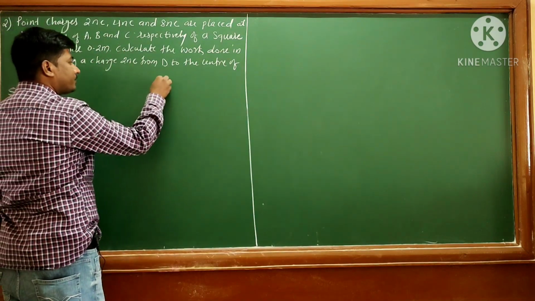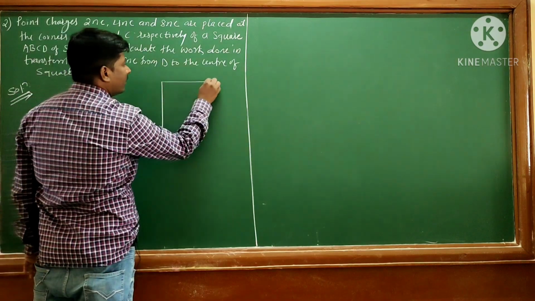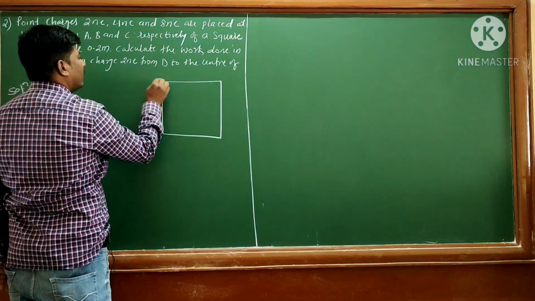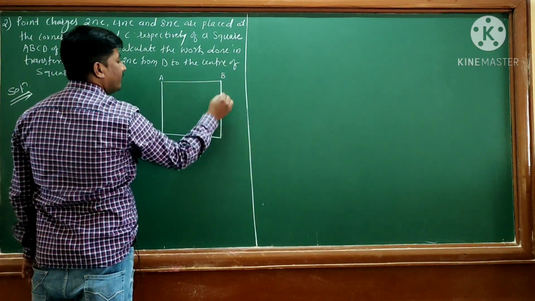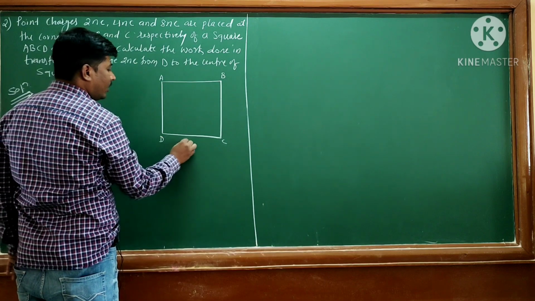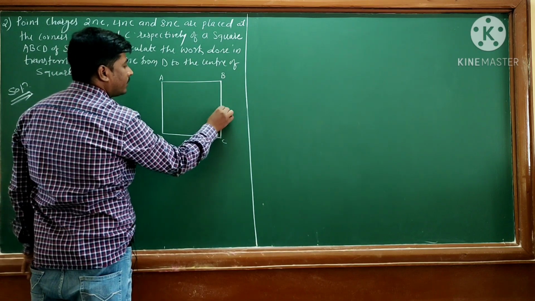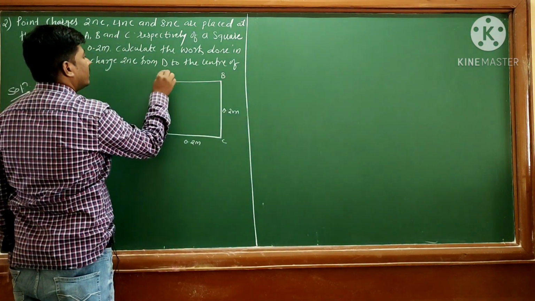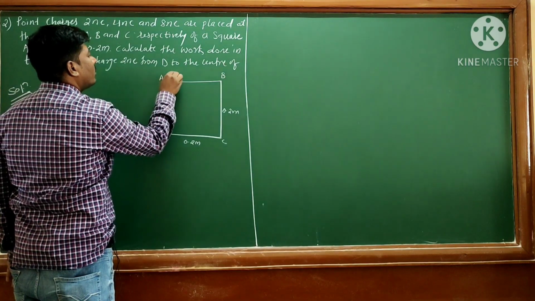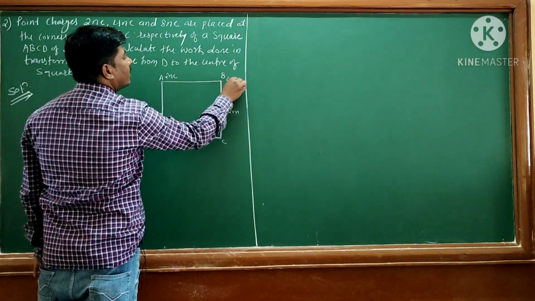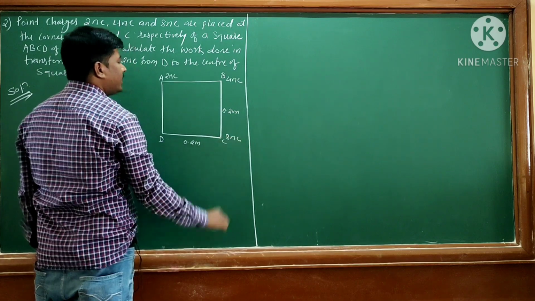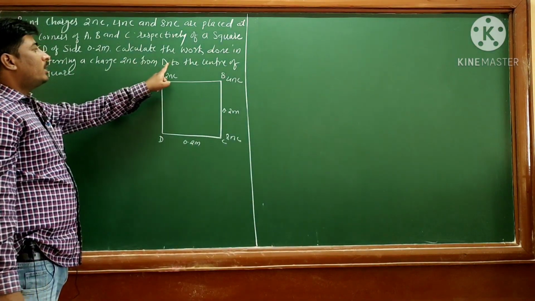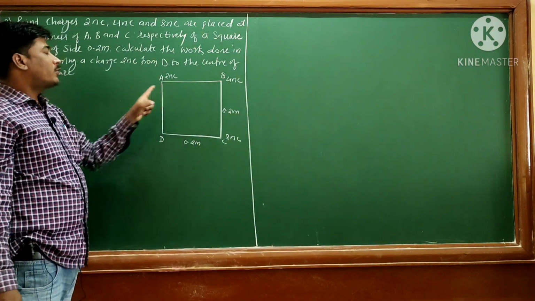So I will draw a square A, B, C and D of side 0.2 meter, with 2 nanocoulomb, 4 nanocoulomb and 8 nanocoulomb at the corners A, B and C. Calculate the work done in transferring a charge of 2 nanocoulomb from D to the center of the square.